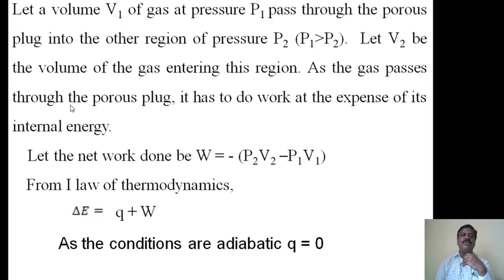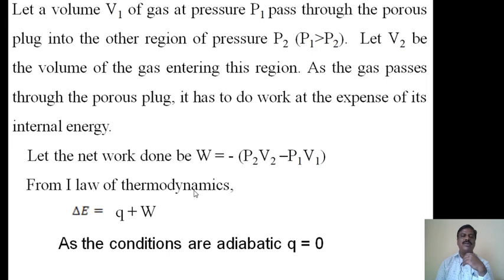Let V2 be the volume of the gas entering this region. As the gas passes through the porous plug, it has to do work at the expense of its internal energy. Let the net work done be W equal to minus P2V2 minus P1V1.